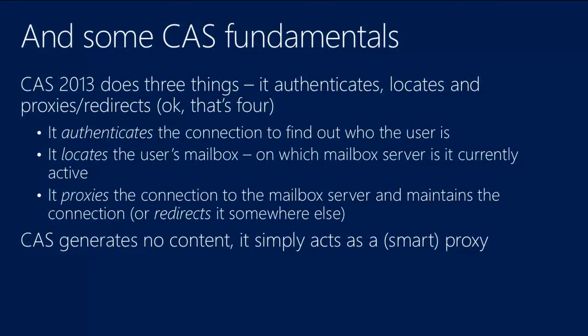So some fundamental things as well. So CAS really does 3, or if we're going to be pedantic about it, 4 things really. It authenticates the user at an HTTP level. And that could be using BASIC, or it could be using Windows, or any type of authentication mechanism, FBA, whatever it may be. It authenticates the user, and it does that so it can figure out where the user's mailbox is.